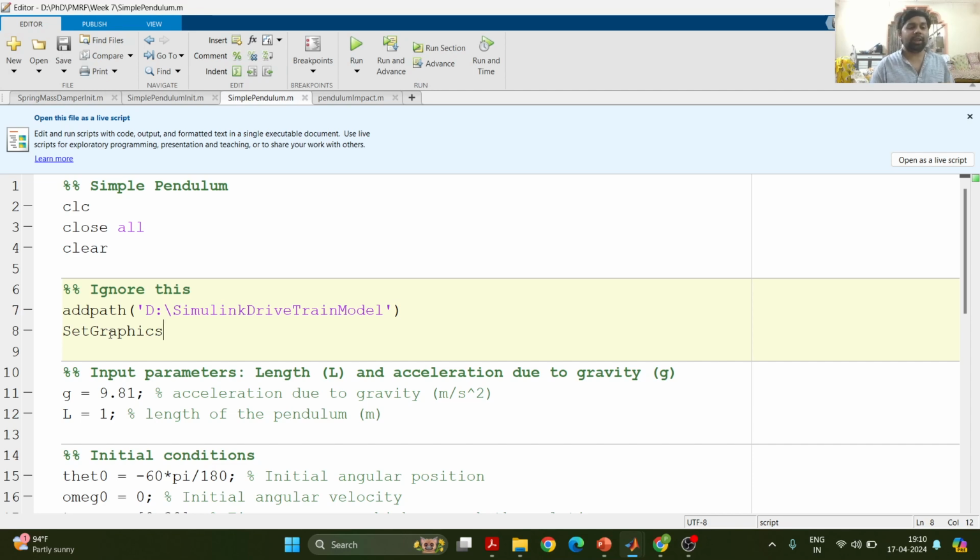They are just needed to get some desired graphics. Then the input parameters for the simple pendulum are basically just the acceleration due to gravity and the length of the pendulum. We assume the length of the pendulum as 1 meter.